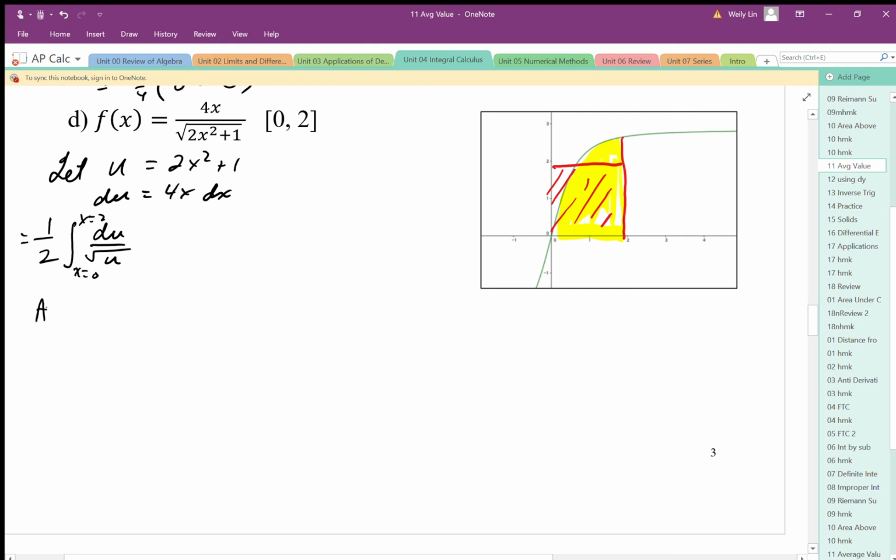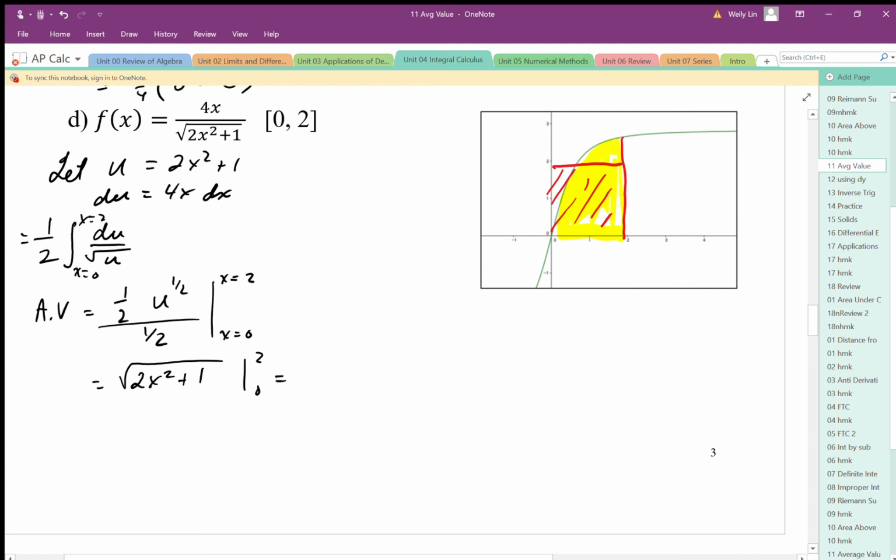So my average value is equal to, what's that going to be? u to the positive 1/2 divided by the coefficient 1/2, from x equals 0 to x equals 2. Those 1/2s cancel out, so I end up with (2x squared plus 1) to the power 1/2 from 0 to 2.